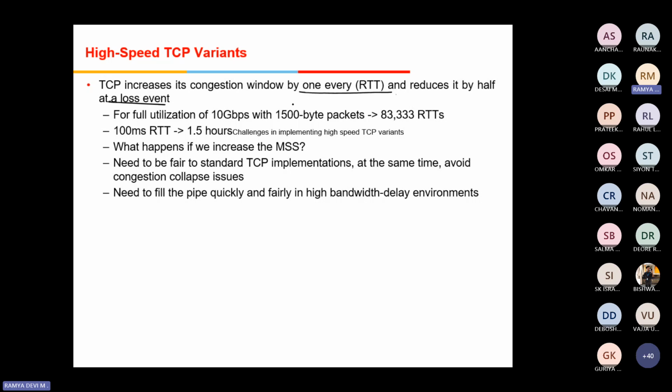For example, in order to fully utilize a 10 Gbps link with 1500-byte packets, TCP needs approximately 83,333 RTTs to reach full utilization. If the RTT is around 100 milliseconds, that is about 1.5 hours.